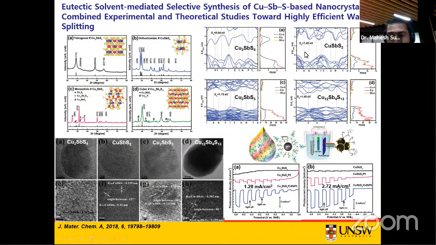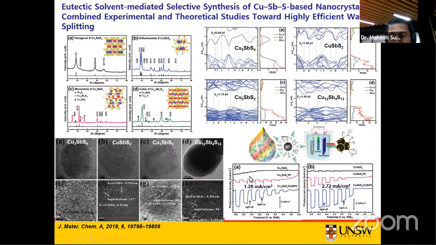And then we further studied the application in solar hydrogen production by using this compound as a photocathode, platinum as a photoanode, and an Ag/AgCl cell as a reference electrode. As you can see from this photocurrent density versus potential graph, it is simply a solar to hydrogen production graph.